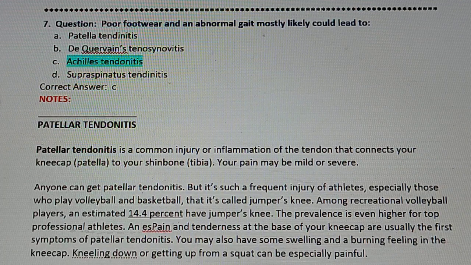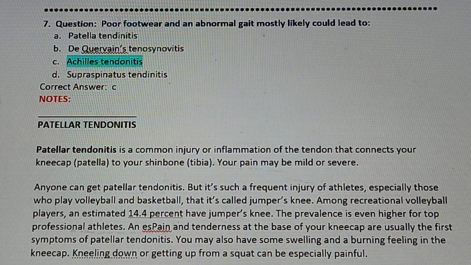It's a kind of inflammation somewhere on the thumb area, the thumb and the dorsal surface of your thumb. Letter C, Achilles tendonitis, inflammation of the Achilles tendon that's by the heel bone. Okay, that's where the Achilles tendon is found.